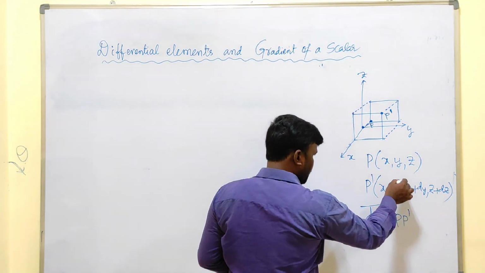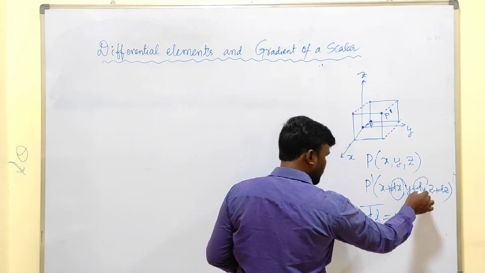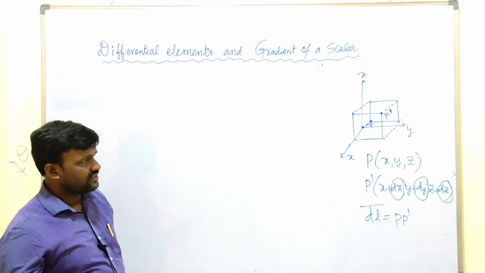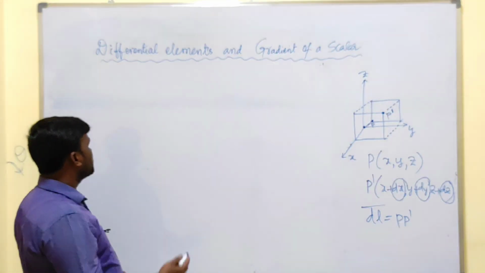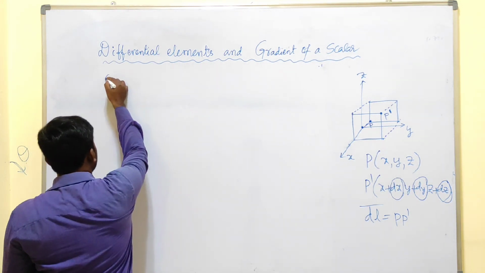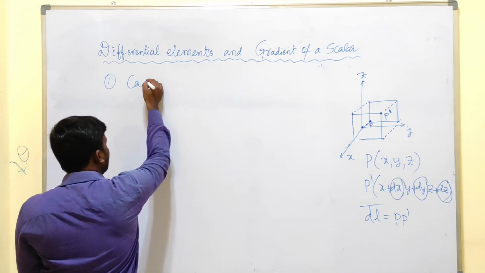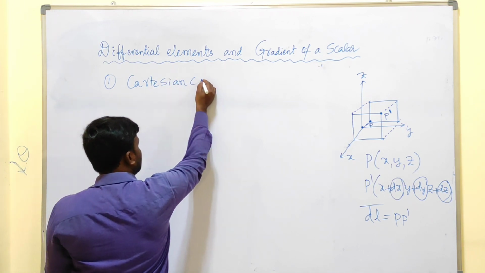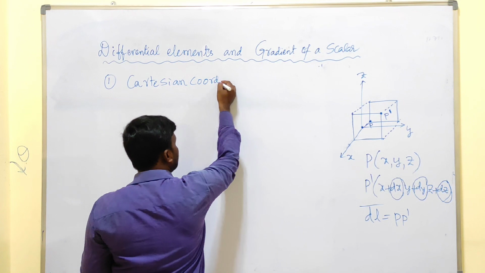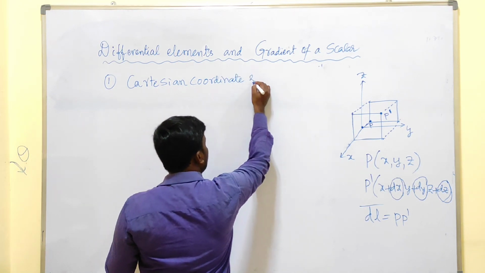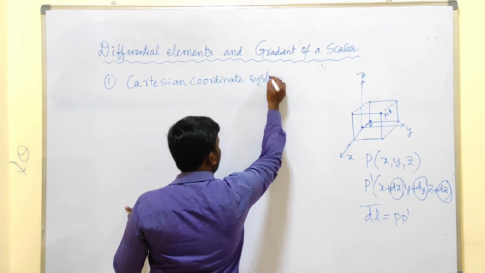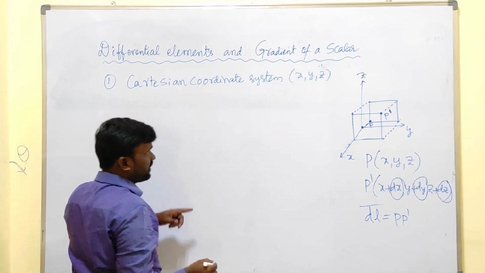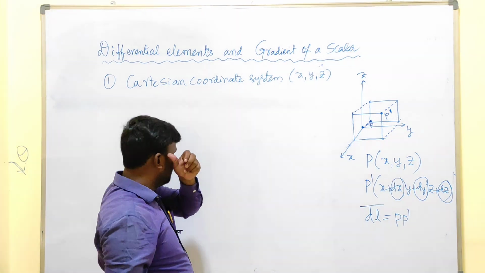These dx, dy, dz are called differential elements in the Cartesian coordinate system. What are the differential elements in Cartesian coordinate system? In Cartesian coordinate system, elements are x, y, z. Unit vectors are ax, ay, az.